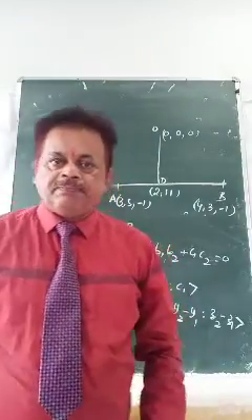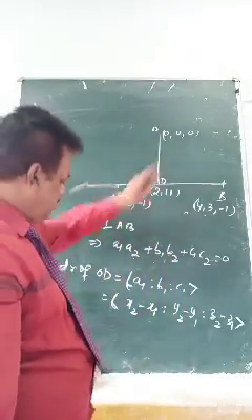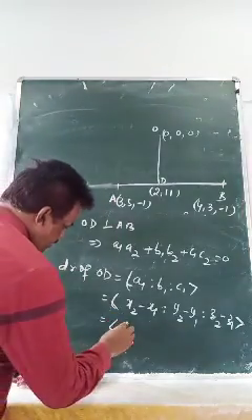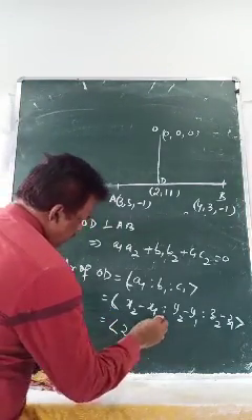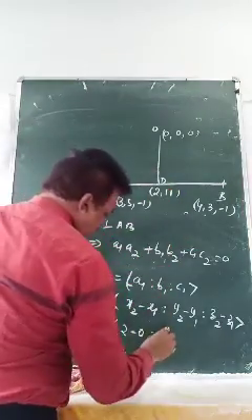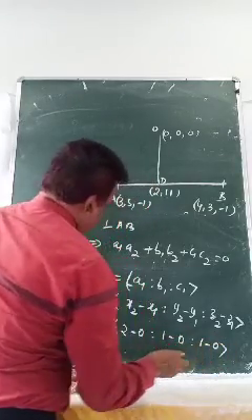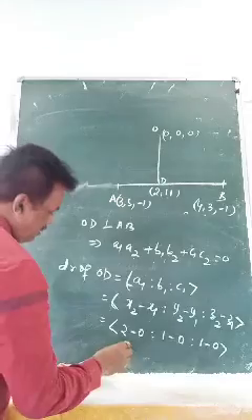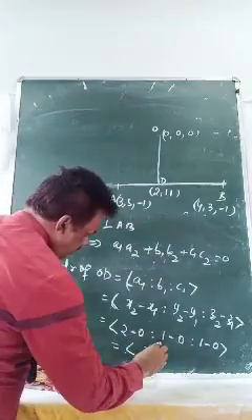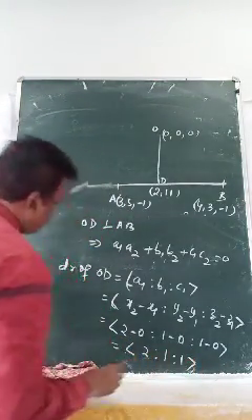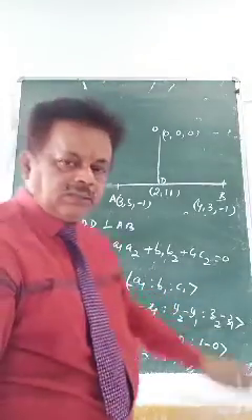So 2 minus 0, 1 minus 0, 1 minus 0. Okay, so 2 is to 1 is to 1. You got a1, b1, c1.